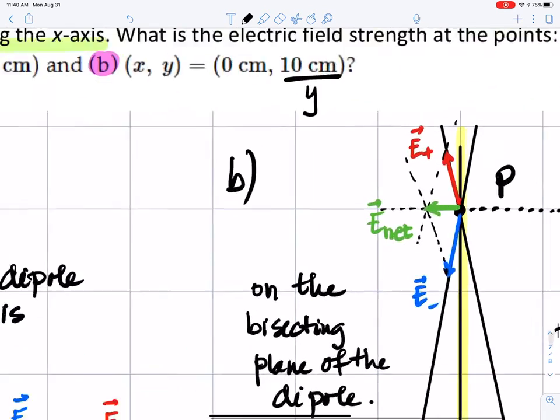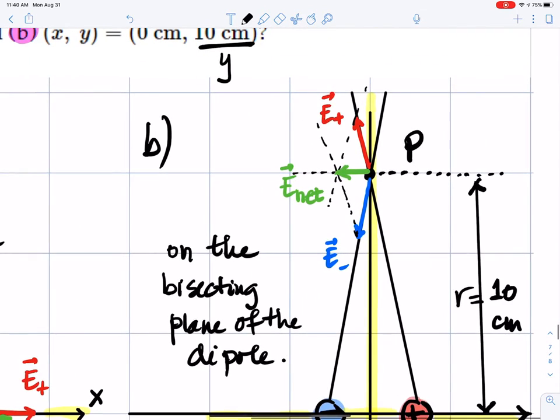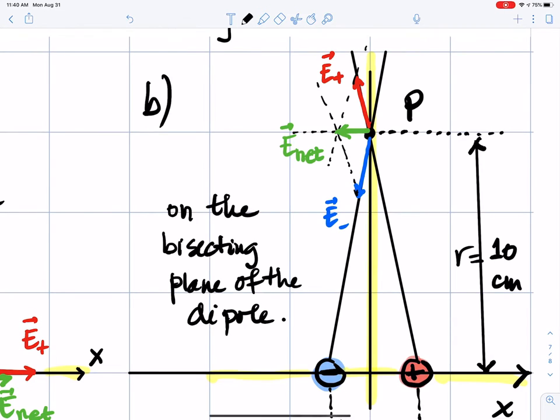In the case of point P being on the y-axis, perpendicular on the bisecting plane, you have to draw a line between the negative charge and the point P and extend it out. Similarly, draw a line from the positive charge to the point of interest P and extend it out.